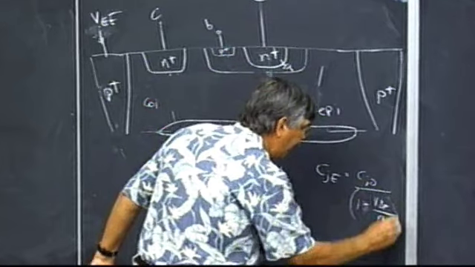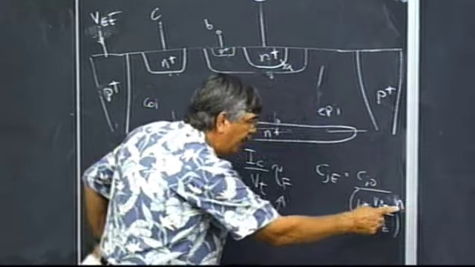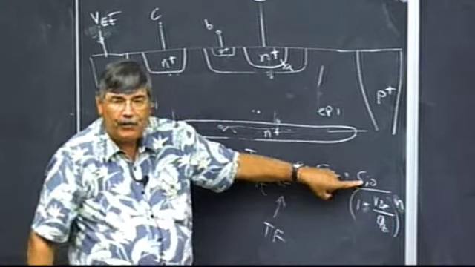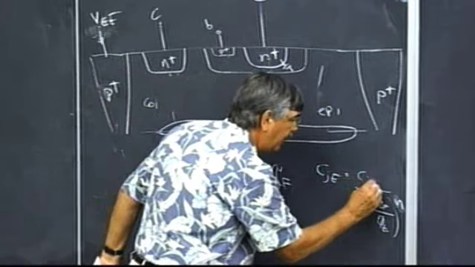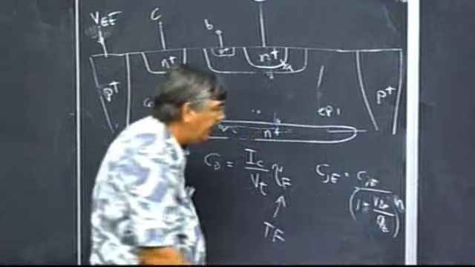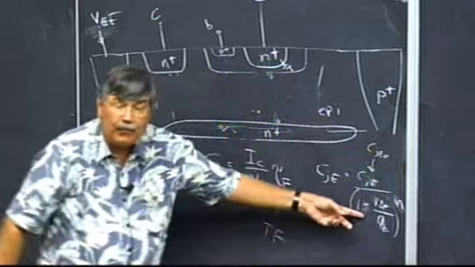So there's a built-in potential, there's a factor here, a number for this, and there's a value for the built-in potential, and there's a CJE associated with the emitter, CJE0 or something. The actual SPICE parameter is CJE. All right, it's really CJE0. And then that goes into our junction capacitance formula.